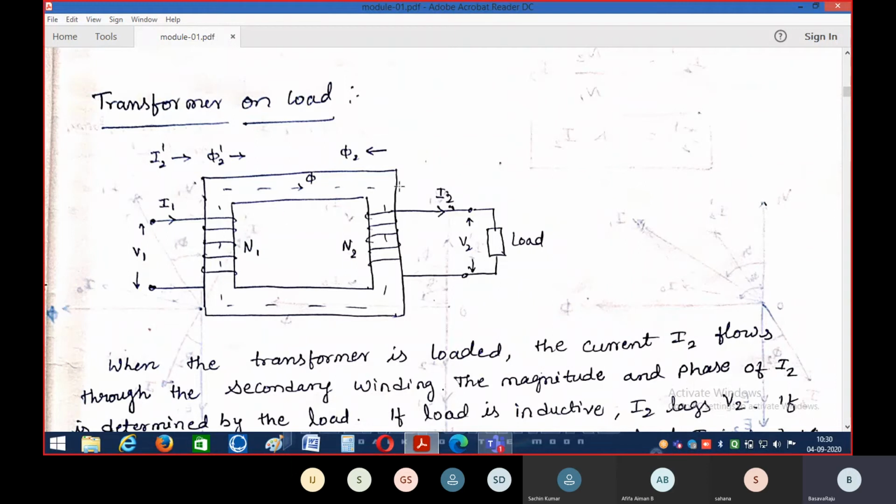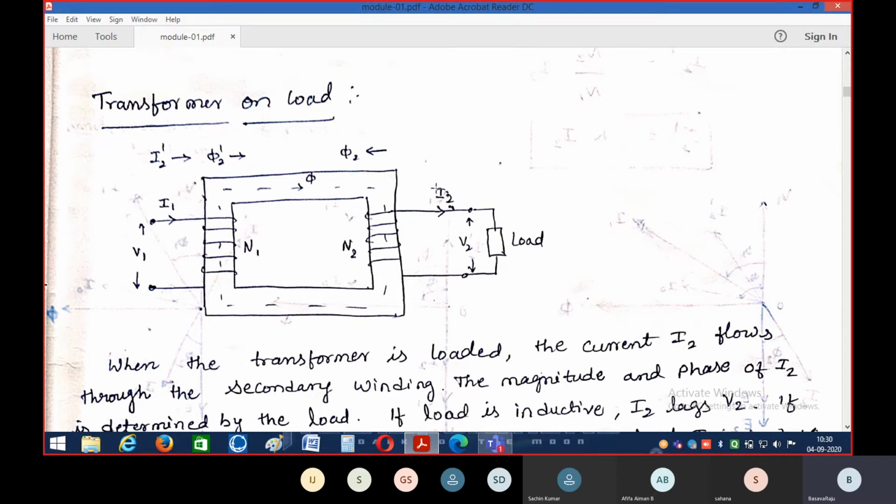The secondary winding has induced voltage E2, and since it is connected through the load, it now starts to supply the secondary current I2. This current flowing through the load is called the load current or secondary current, denoted with I2.